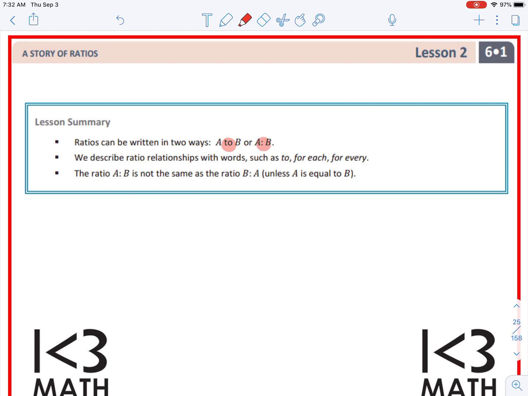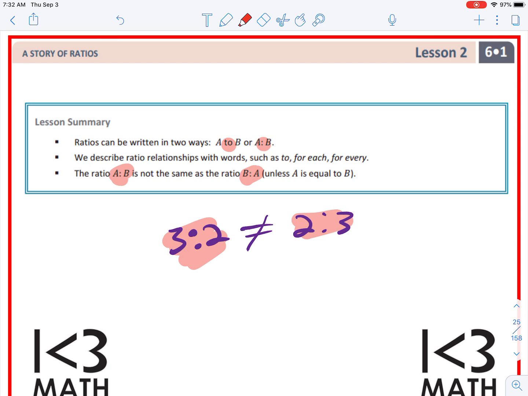The ratio A to B is not the same as the ratio B to A. All this is saying is 3 to 2 is not equal to 2 to 3. These are totally different ratios. So order matters. All right, remember that.